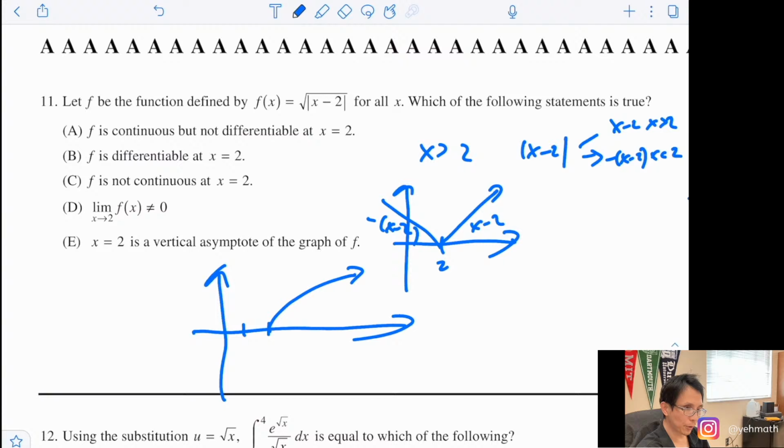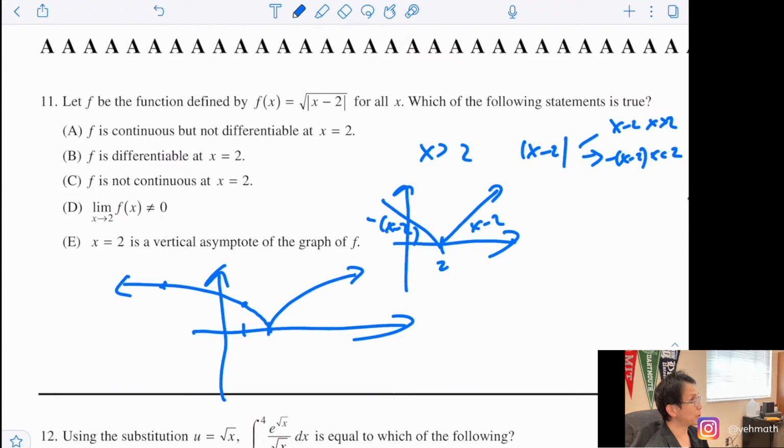And if you take the absolute value of this part, imagine if you plug in 1. What happens? 1 minus 2 is negative 1. And if you plug in negative 2, it's going to be like this. So it's basically going like this, and still a square root.